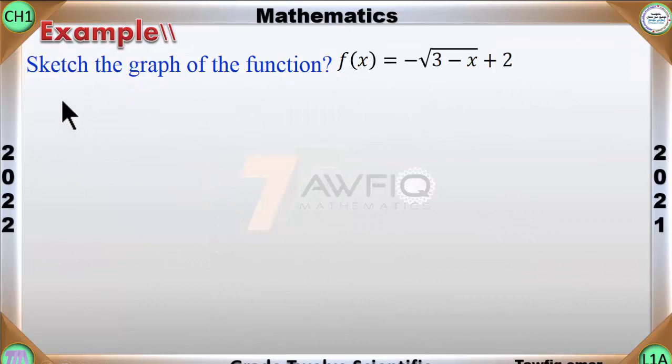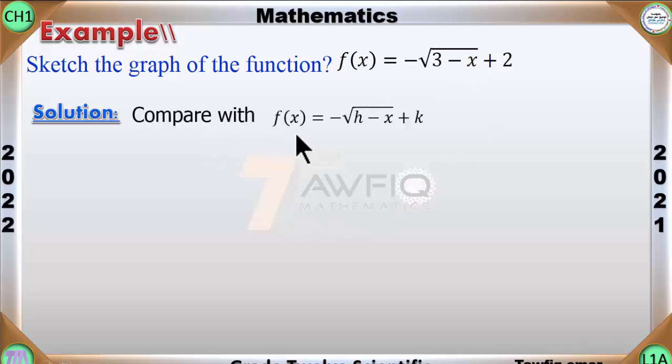Example: sketch the graph of the function f(x) equals minus the square root of 3 minus x, plus 2. Solution: compare with f(x) equals minus the square root of h minus x, plus k. We can see that h is 3 and k is 2.